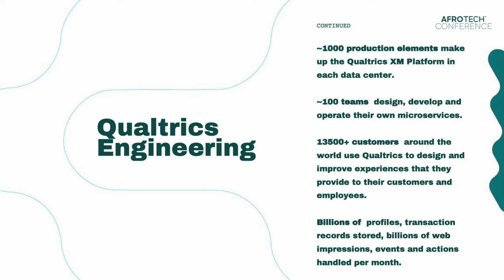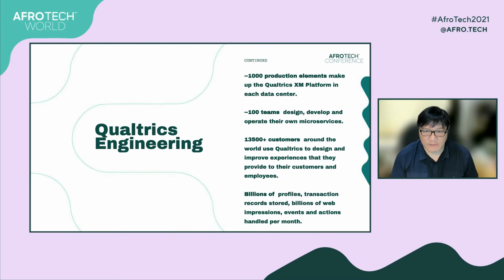And that's what the company does. So in terms of scale, there's about 1,000 different moving parts in a given data center. We have data centers around the world, and it's a very symmetric architecture in every data center that's deployed, but each data center can be fairly complex because of the broad surface area that we need to support. And when I talk about microservices, we have almost 1,000 different moving parts that we need to manage and maintain in these data centers.